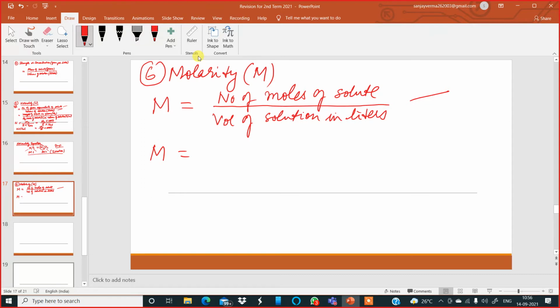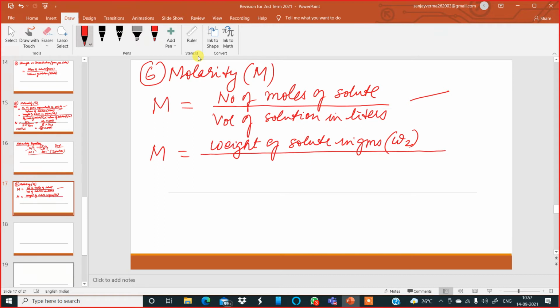Again, I can simplify this formula. Molarity is also equal to weight of solute in grams, which is abbreviated as W2, divided by molecular mass of solute, which you can abbreviate as capital M2, multiplied by volume of solution in liters.